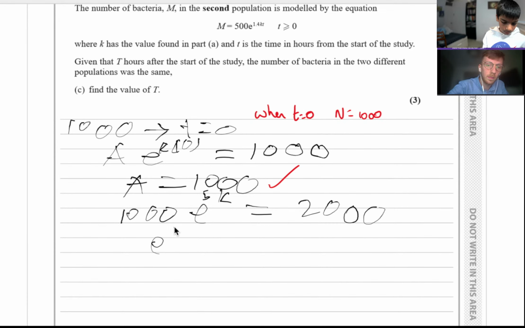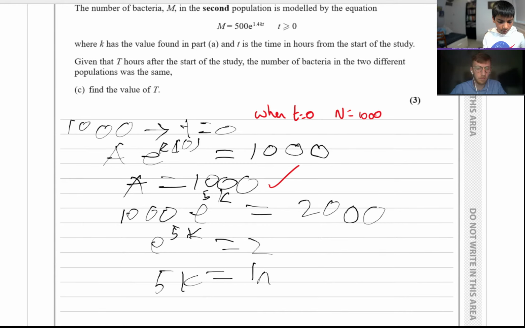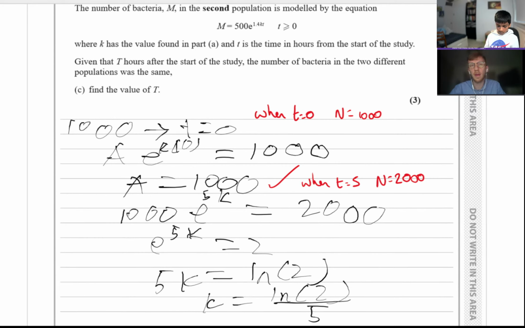So e to the power of 5k is 2, so 5k is ln 2. K is ln 2 divided by 5. Probably in this case, it's best to write a fifth of ln 2 rather than a whole fraction like that. It will look a little bit neater when we put it into the power.